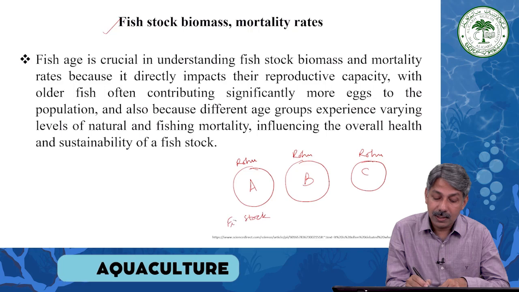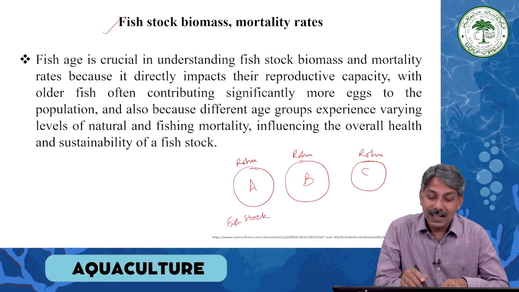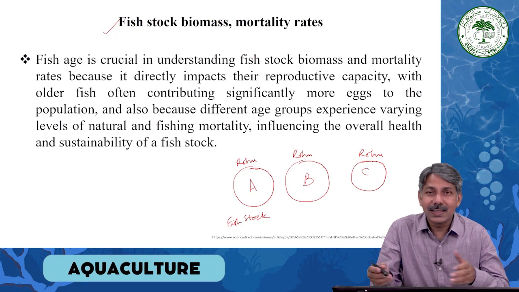The fish stock of Labeo rohita in river Ganga, we can say, is divided into three, just as an example.